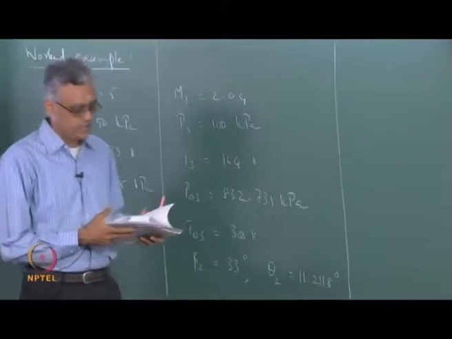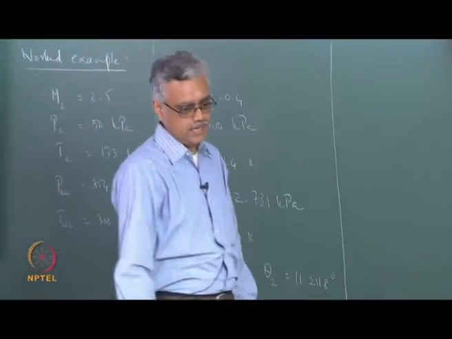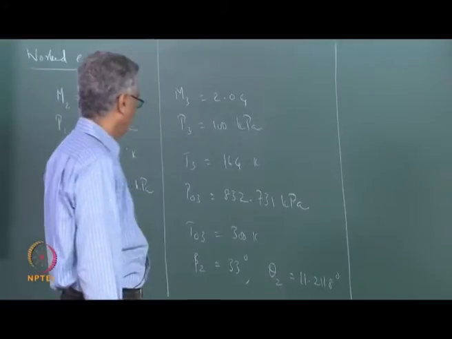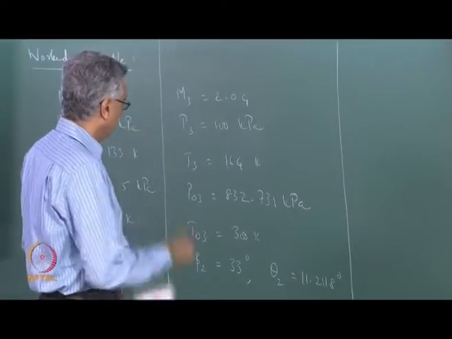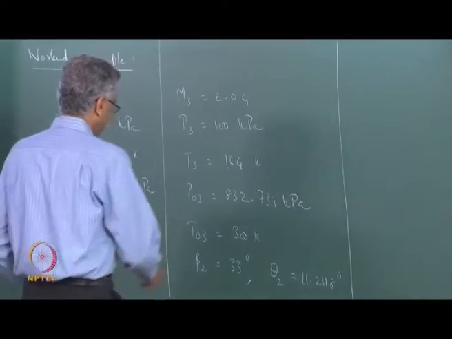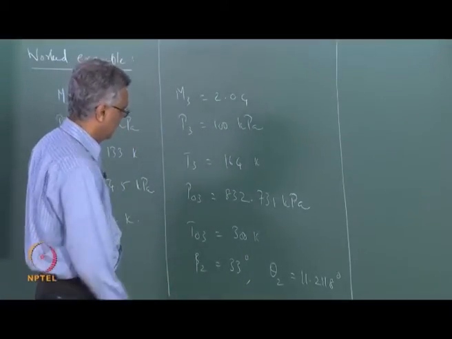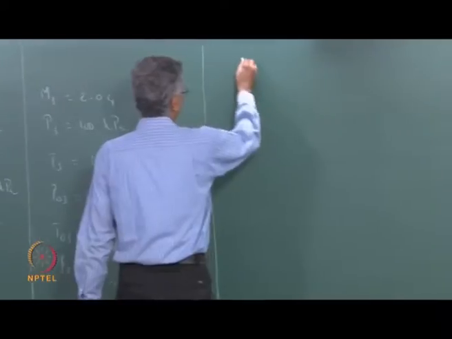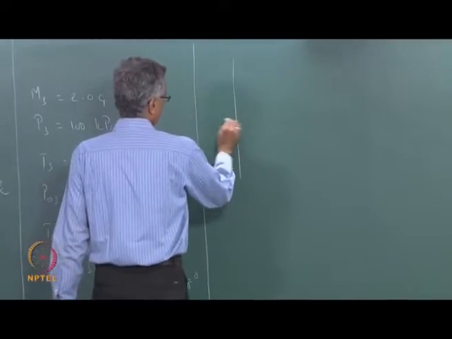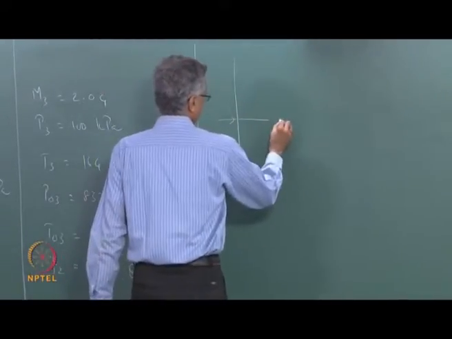Now we wish to evaluate state properties at state 4, and before we do that we need to actually understand these angles very clearly. Let us draw an enlarged view of the jet as it comes out. So let us say that this is the exit and the fluid comes out like this.